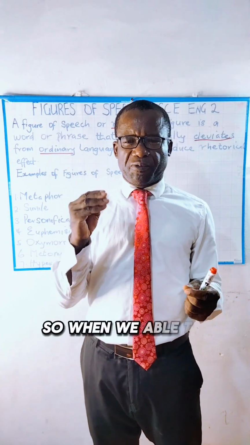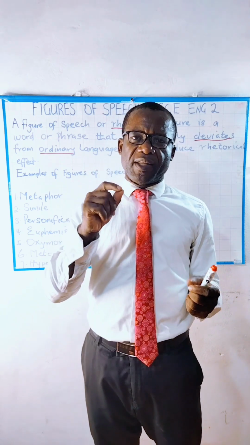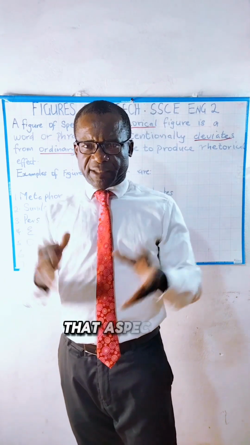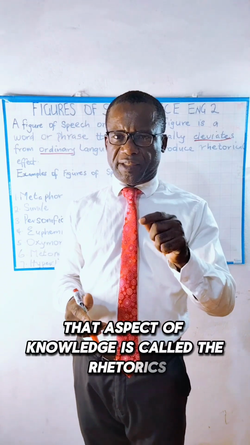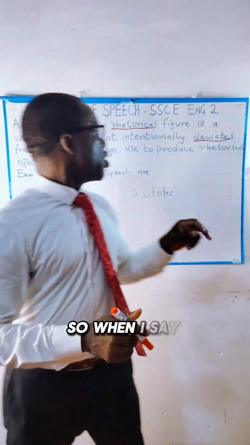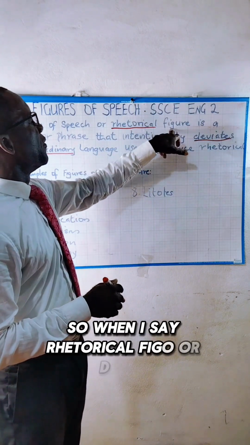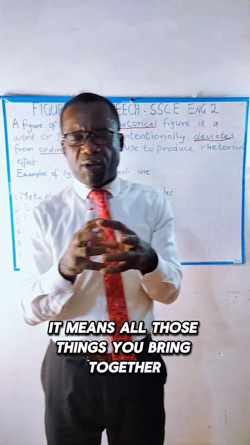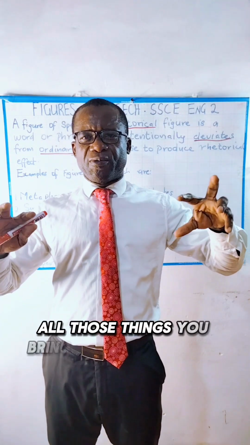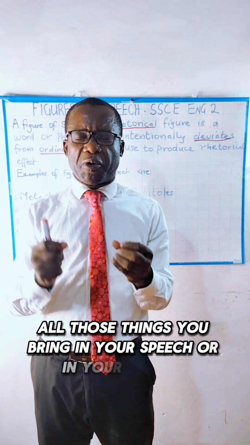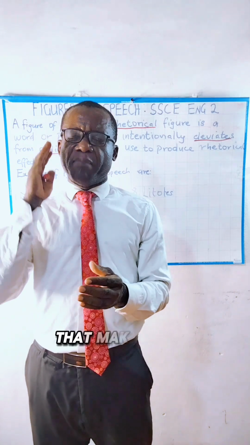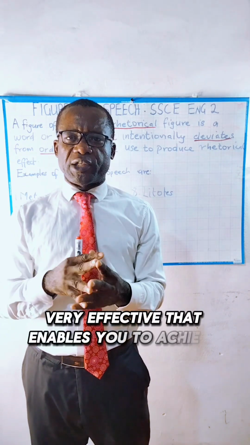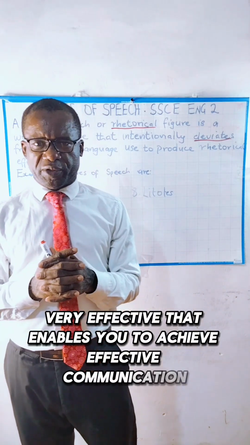So when we're able to communicate effectively, either in written form or in oral form, that aspect of knowledge is called rhetoric. So when we now say rhetorical figure or device, it means all those things you bring together in your speech or in your writing that make your writing very, very effective, that enable you to achieve effective communication.